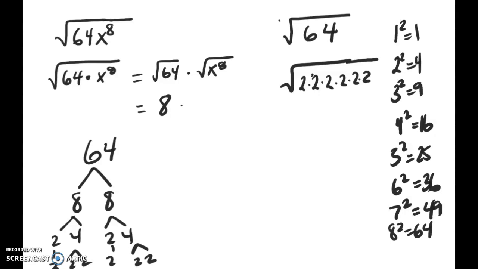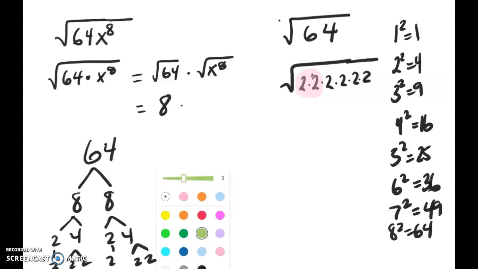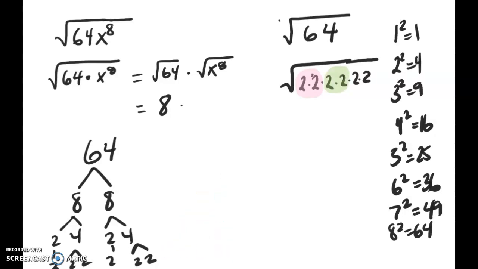In this case, the index here is 2, so we're looking for doubles, so pairs. I'm going to highlight the pairs. I've got 3 pairs of 2s. And those pairs can be pulled out in front as 1. So we'd have 2 times 2 times 2, which is 8.